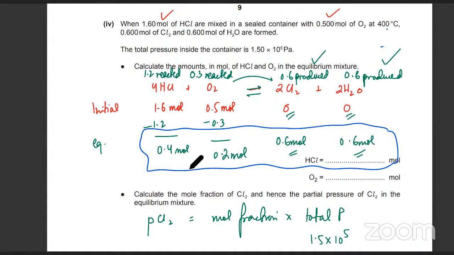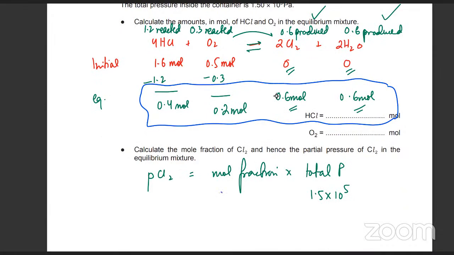What are the total moles? That's 1.8. So the mole fraction is 0.6 out of 1.8 total moles for Cl2. You multiply it by 1.5 times 10 to the power 5, and if you solve this, what does it come out to be? 0.6 divided by 1.8, multiplied by 1.5 E5, and that gives 50,000 pascals, so 5 times 10 to the power 4 pascals.